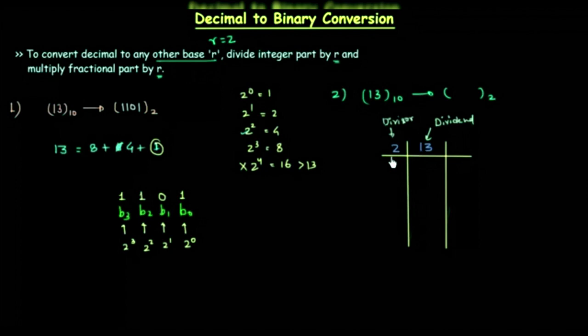When we divide 13 by 2, we have 6 and the remainder is 1. Now this 6 is the quotient and 1 is the remainder.